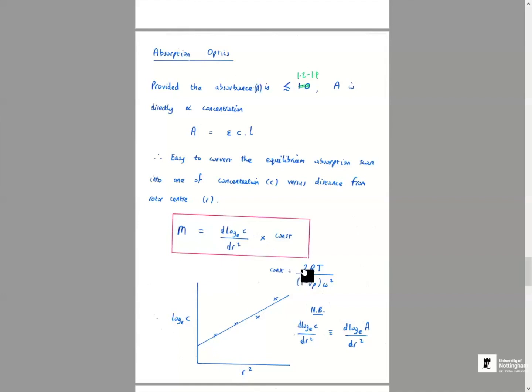And the constant is 2RT, R being the gas constant in CGS units, which we give you, and T the temperature, divided by 1 minus v-bar. For a protein, it's about 0.73.